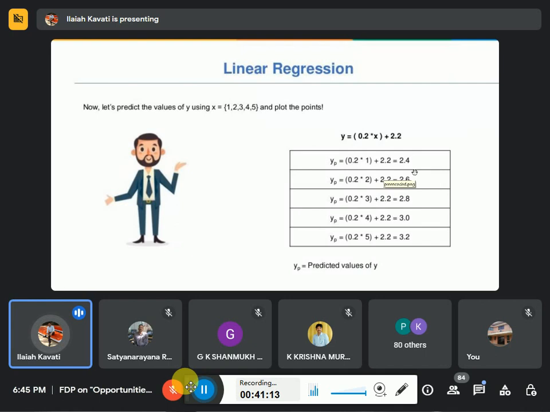Now, if an employee comes with 1 year of experience, simply use this model: substitute that experience in the equation. So x is 1, so 0.2 into 1 plus 2.2 is 2.4, that is 24,000. Like that, you can predict the salary of new joinees with some years of experience.